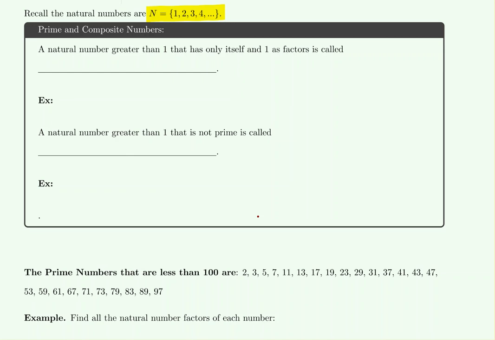We've got the definition that if you've got a natural number that is greater than 1, and the only factors that it has are itself and 1, then we would call that natural number a prime number.